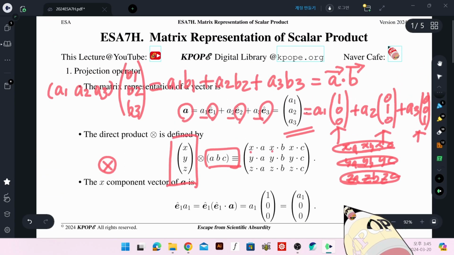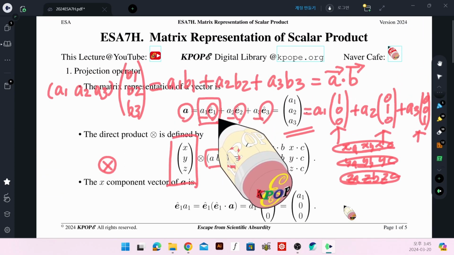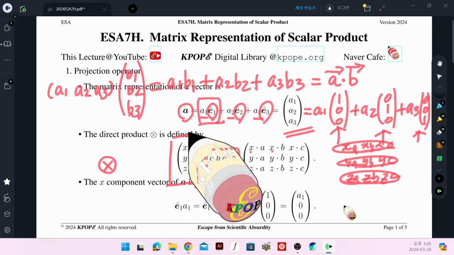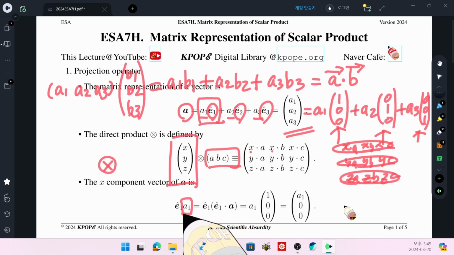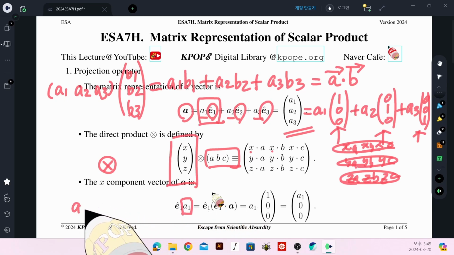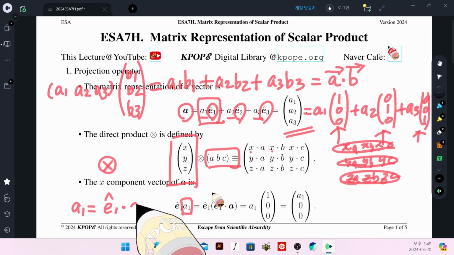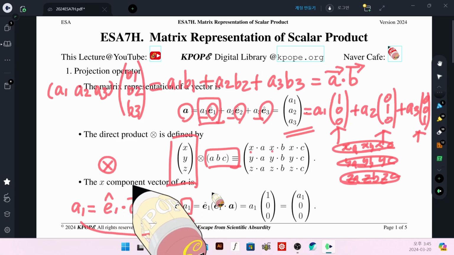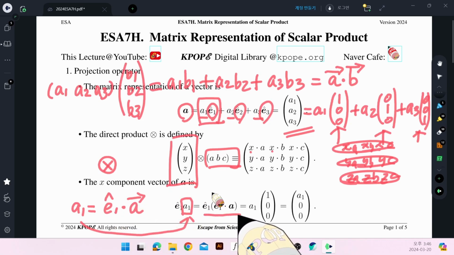First, we separate the x component vector out of a vector. The x component vector is a Cartesian component. We have E1 and A1. A1 can be expressed as a scalar product of the unit basis vector along the x-axis and the original vector. Therefore, if I substitute this in here, then we have this expression.